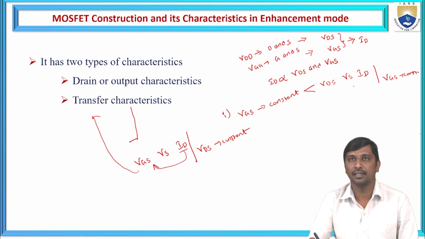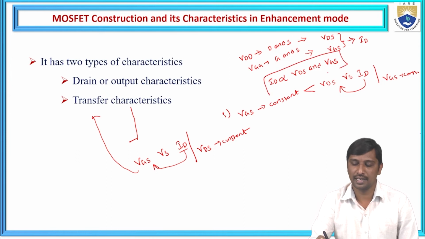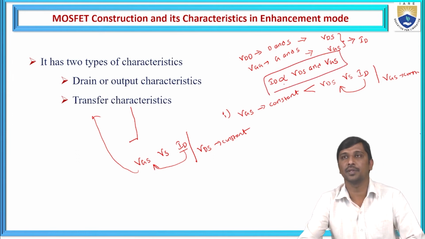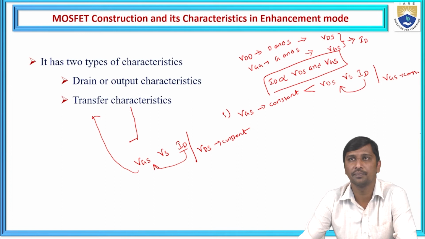In the output characteristics or drain characteristics, the drain current is a function of VDS. Hence, I represent it as the drain current being a function of the drain to source voltage as well as the gate to source voltage.